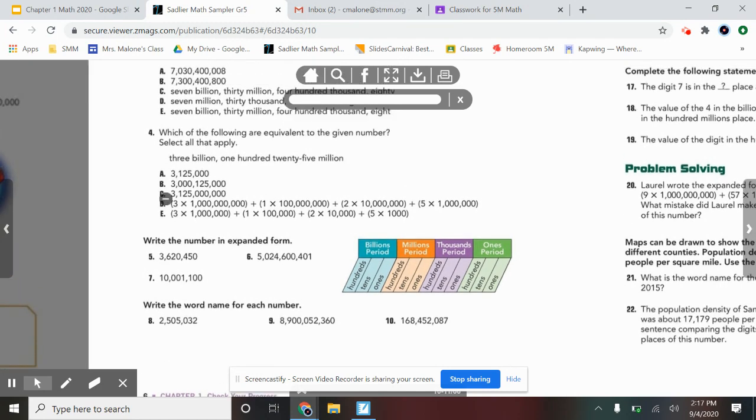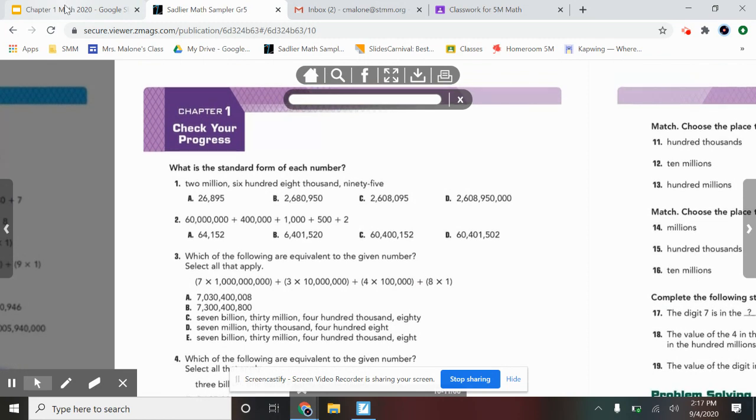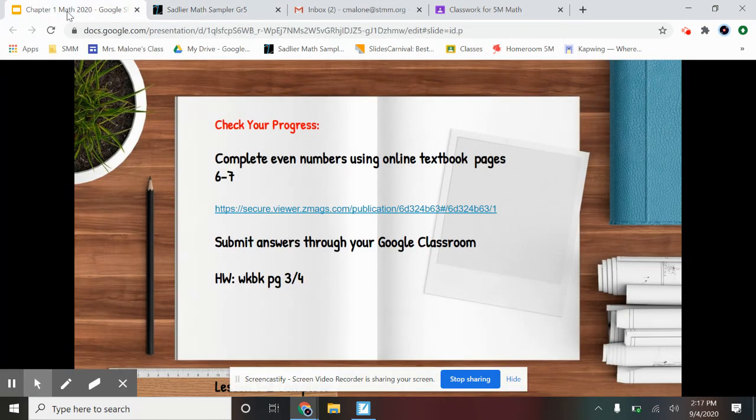Now, if you go back to the PowerPoint we were on, it says to complete the even numbers. Even numbers are what? 2, 4, 6, 8, 10, 12, 14, 16, 18, 20.